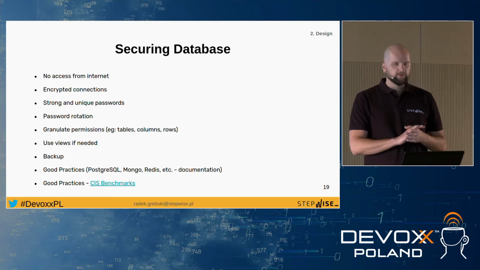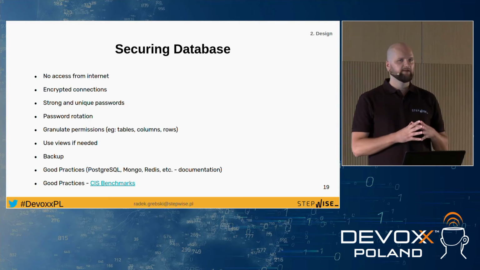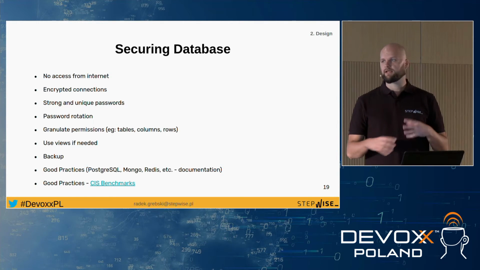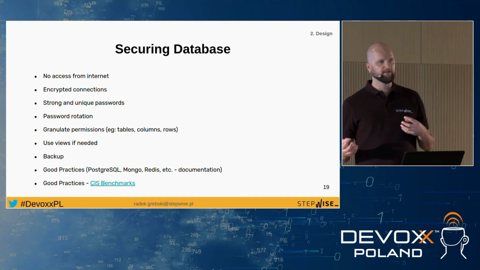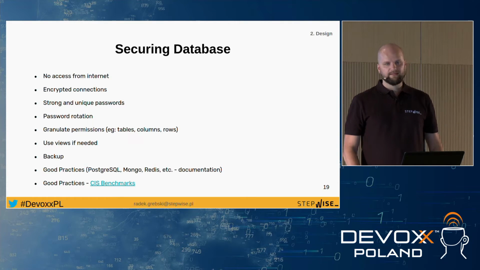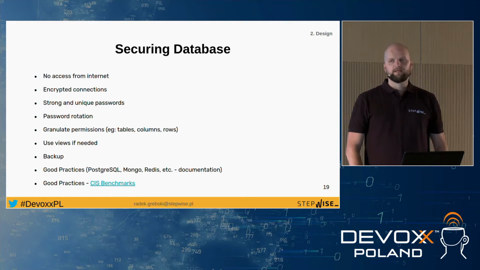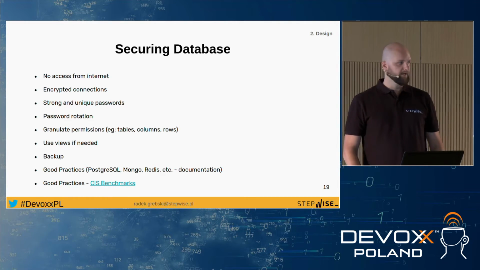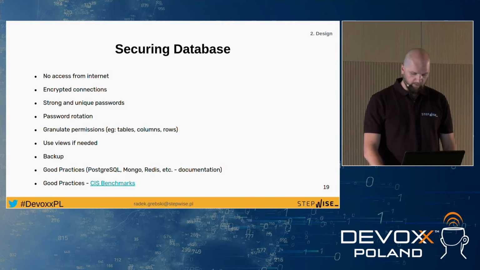All major databases have a section in their documentation saying how to make the database more secure. For example, Postgres, Mongo, and Redis, and as well, there are CIS benchmarks available for many databases.